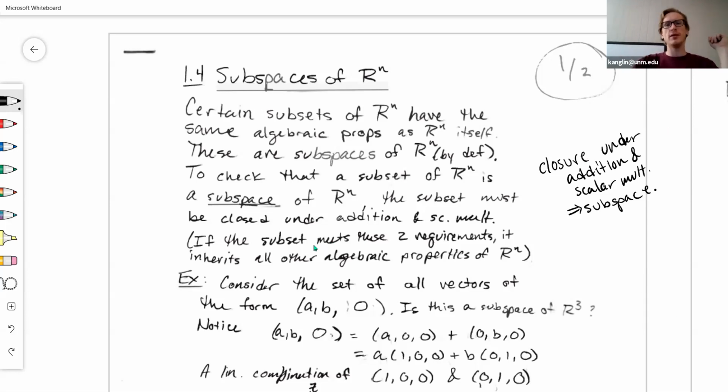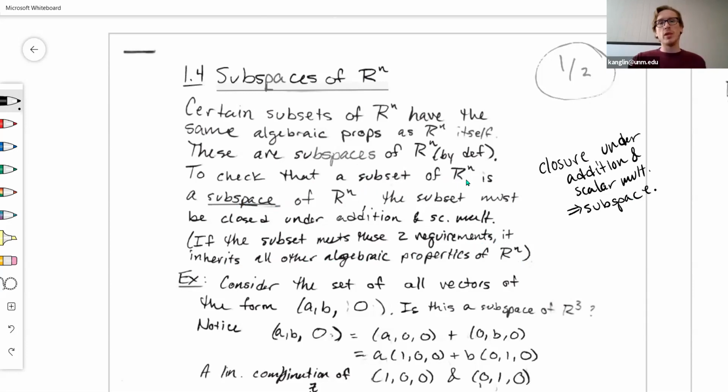So if the subset meets these two requirements, is closed under addition and scalar multiplication, it turns out it automatically inherits all the algebraic properties of Rn. Right? We're already saying we're taking a subset of Rn. So this subset that may or may not be a subspace contains elements only from Rn. So all the properties of addition and scalar multiplication on Rn still apply in this subset, right?